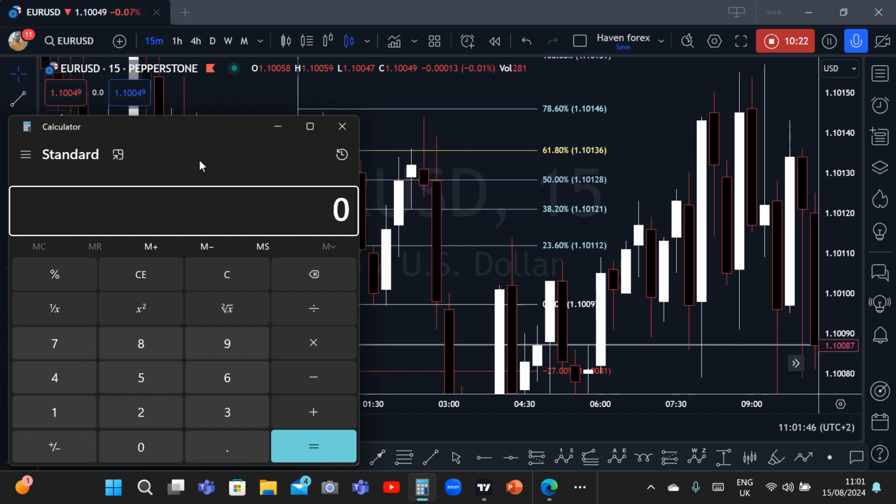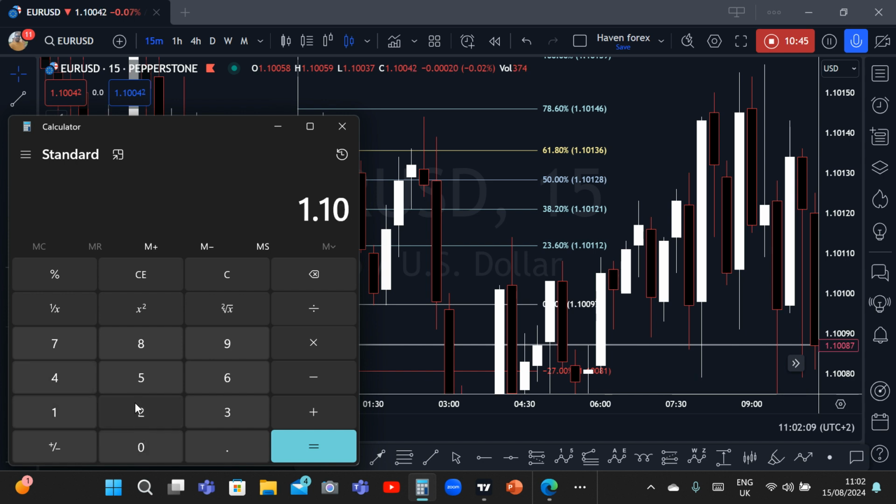All you need to do is first, because you want to go short, because you want to sell, price is bearish. What you need to do is say, okay, this is 1.10128. Guys, look at it.